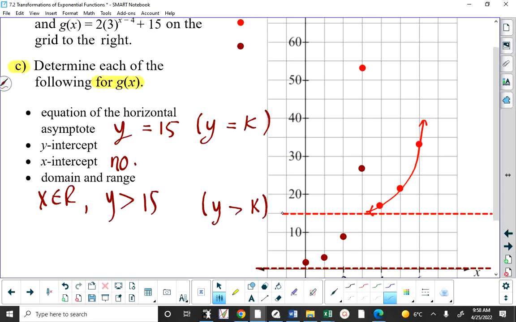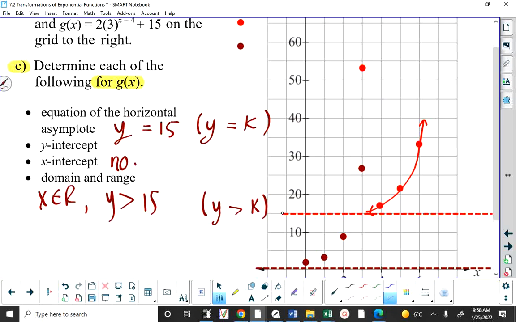And I have a question for you. In terms of these transformations, will the range always be y is greater than k? I see some of you kind of nodding, but let me be more specific. Do you think the range could ever be y is less than k?